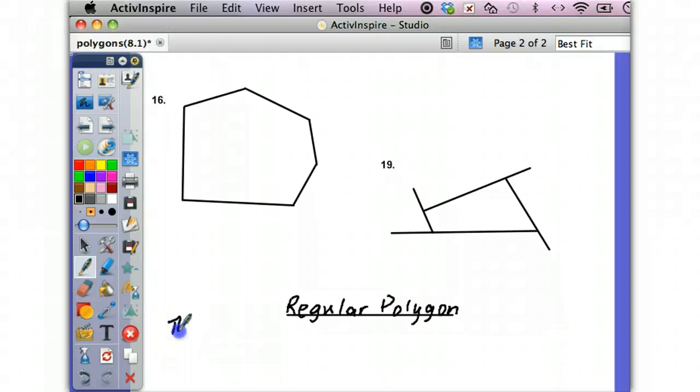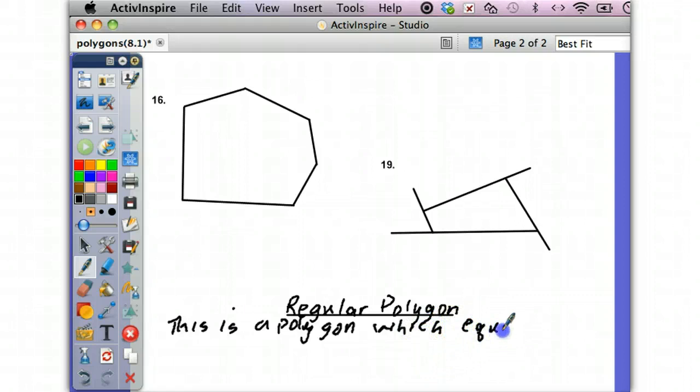This is a polygon which is equilateral. Jessica B, what does that mean again, equilateral? All sides.